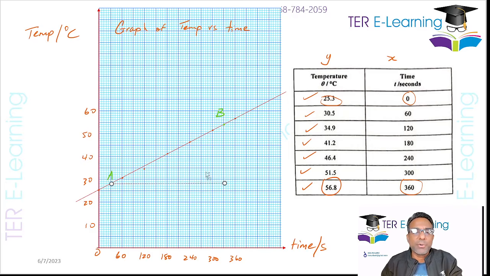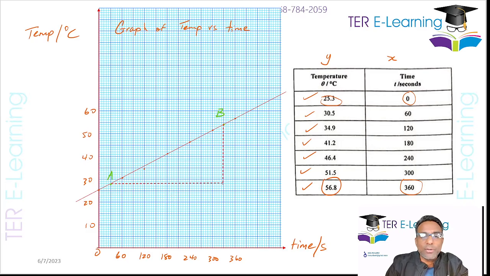So I'm just using the points A and B that I have selected. Now keep in mind that it doesn't matter what points you use. The rule of thumb is that we select 2 points that are more than half the length of the line apart. Let me just increase this thickness a little bit so you can see properly. Those are my points that I'm going to use to work out my gradient.